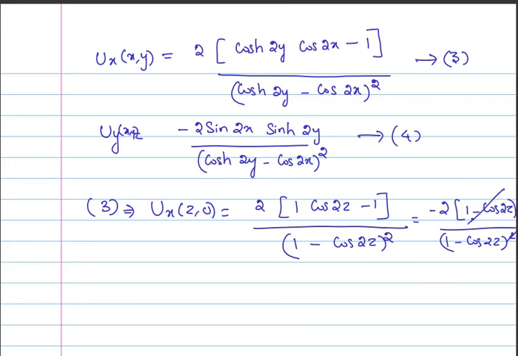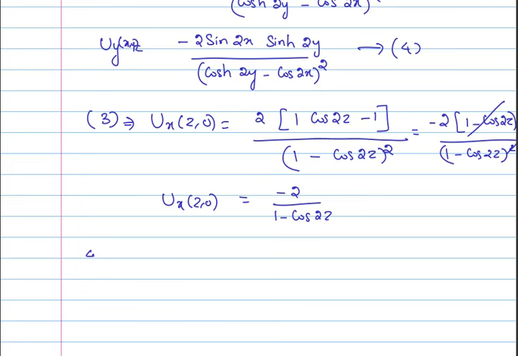This square and this factor cancel, so minus 2 divided by 1 minus cos 2z. This is u_x of (z, 0). Next, from equation 4, u_y of (z, 0): when x equals z, sin 2z times sinh 0, which is 0, gives 0.